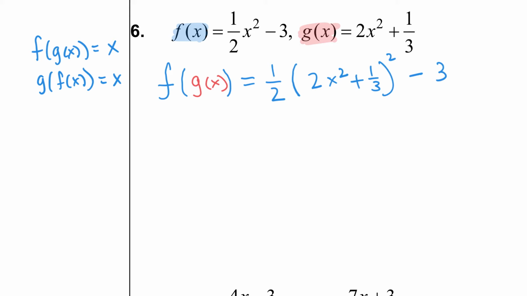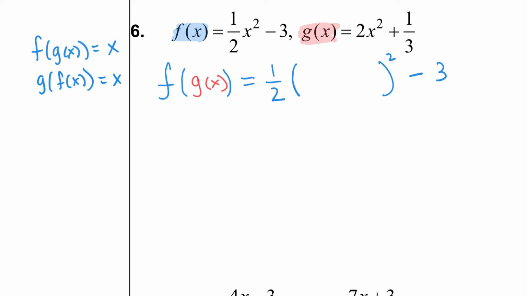And let me go ahead and erase this right here. This is going to be a 1. I'm sorry. Let me erase this. It's 1/2 parentheses squared minus 3. And I know that g of x is red.